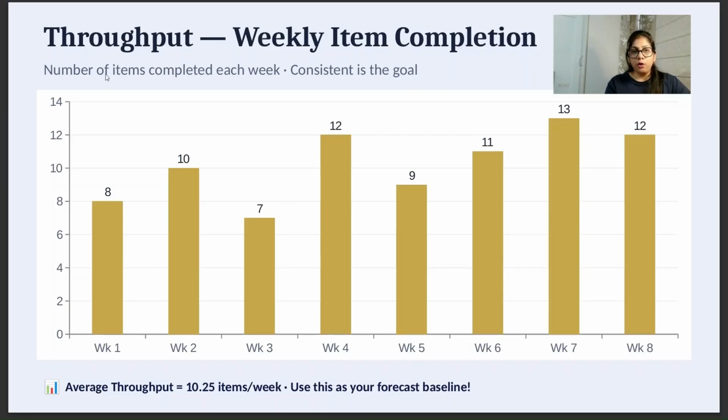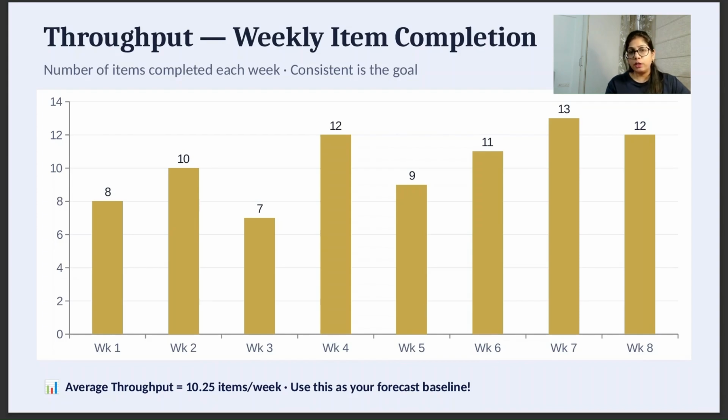So here is the graph of throughput. We have taken a time of 8 weeks and the number of items completed each week, and we are seeing that it is consistent. For example, in week 1, 8 items were completed, week 2, 10, and so on, till week 8, 12 items.